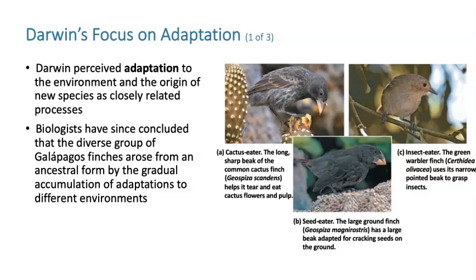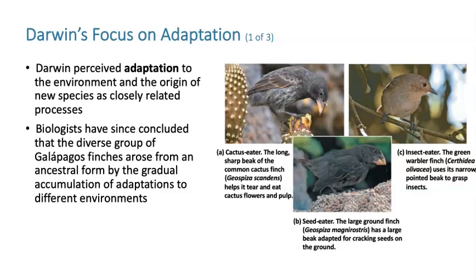He came to realize that the reason these organisms diverged on these islands is because they became adapted to the specific environment that existed on the islands. He came to realize that new species and the process by which adaptation happens are very closely related processes.